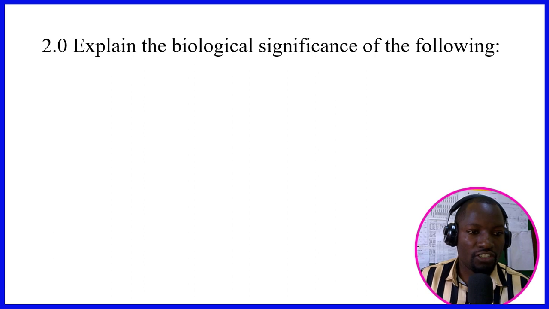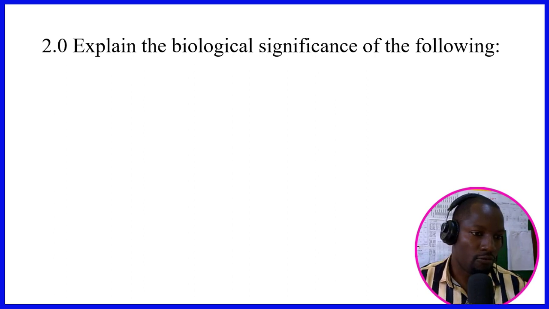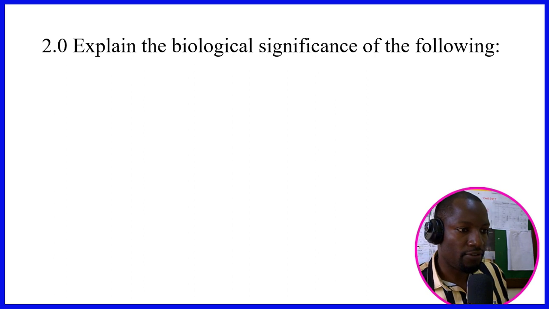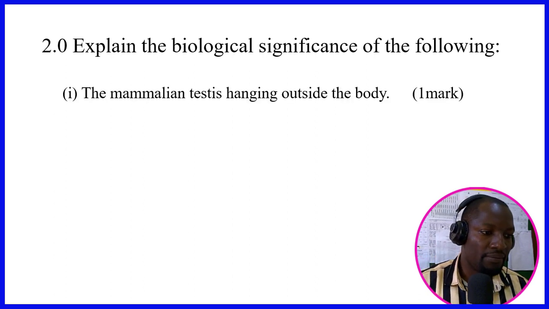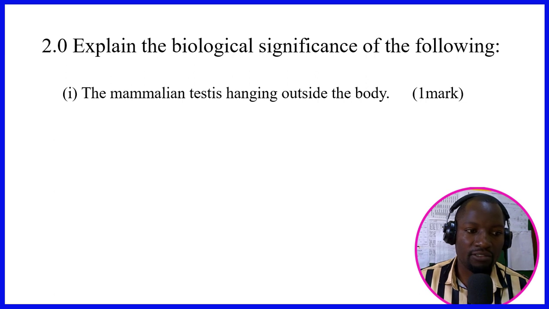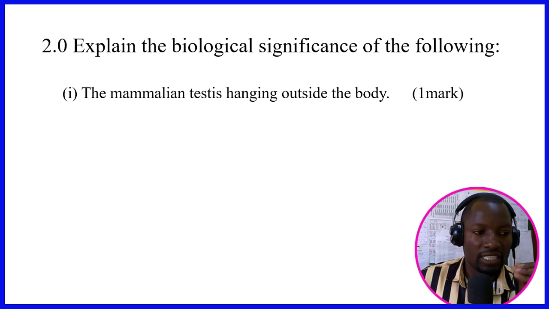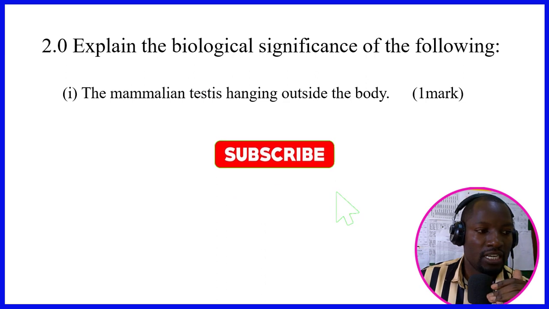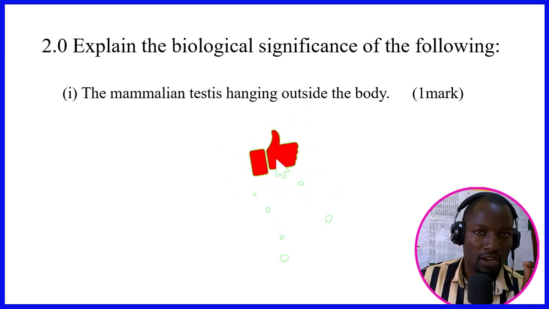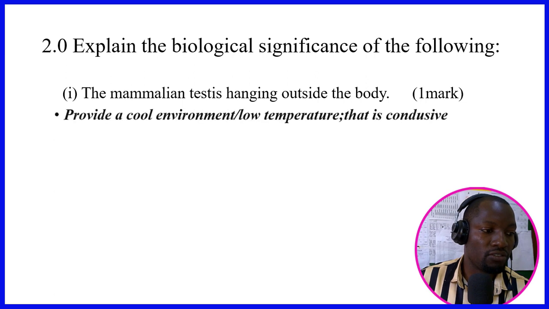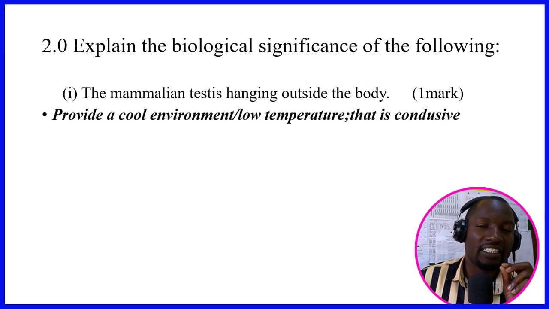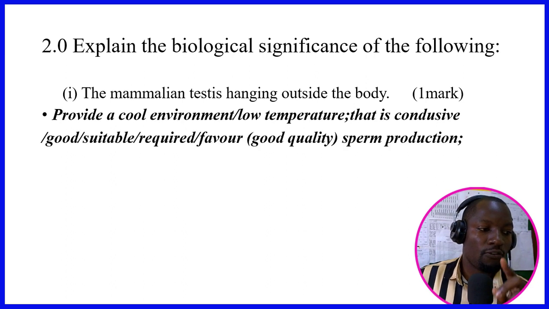Explain the biological significance of the following. Number 1, the mammalian testes hanging outside the body. In mammals, you'll see the testes hang outside. The reason is that they provide a cool, low-temperature environment that is conducive for production of good quality sperm.